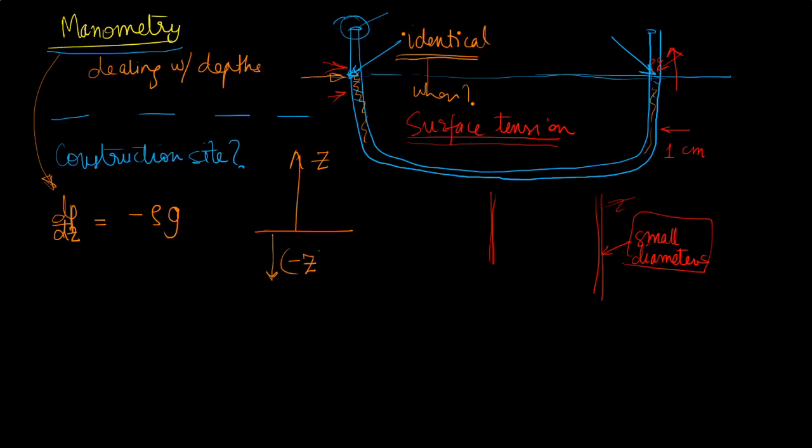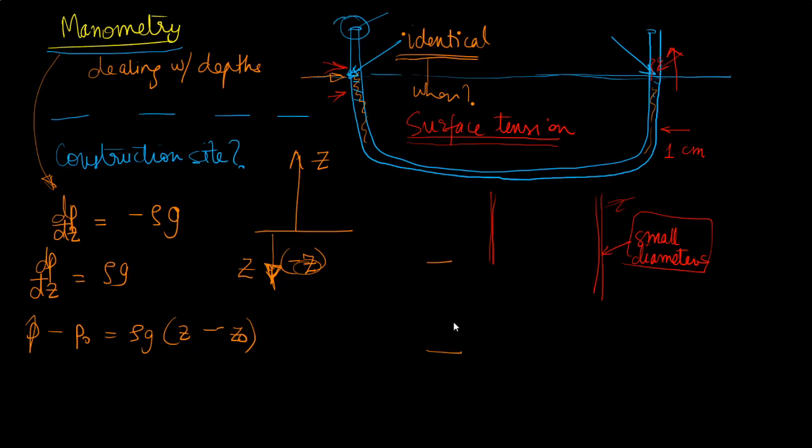Let us make a transformation from z to minus z. So we have dp/dz equal to rho g, because the minus sign that arrives will cancel with this minus sign. Now the coordinate system points towards the bottom, and we have p minus p naught equal to rho g (z minus z naught).